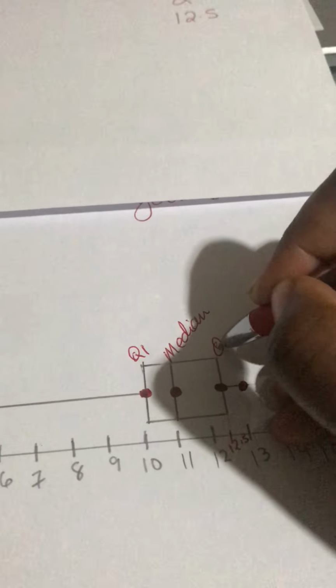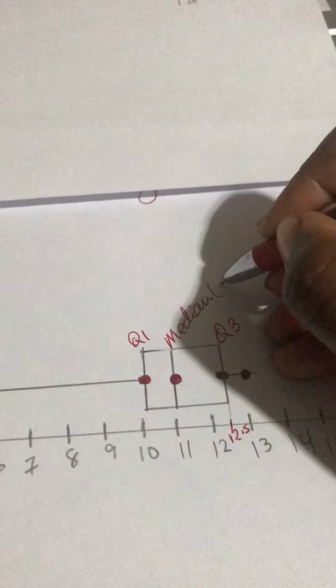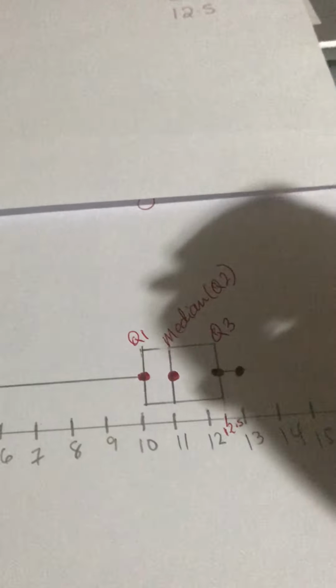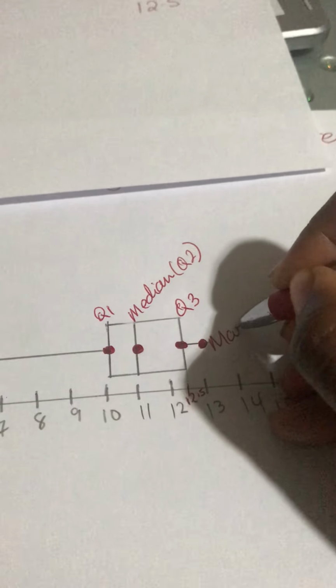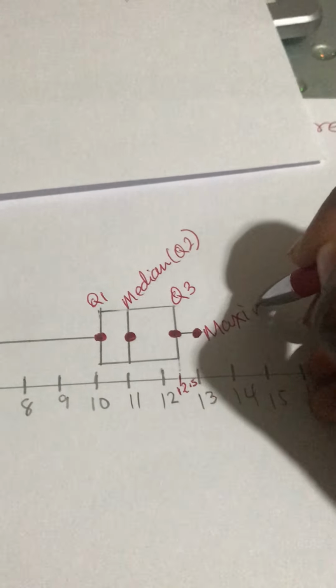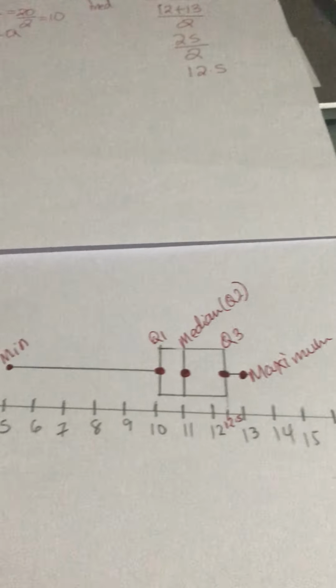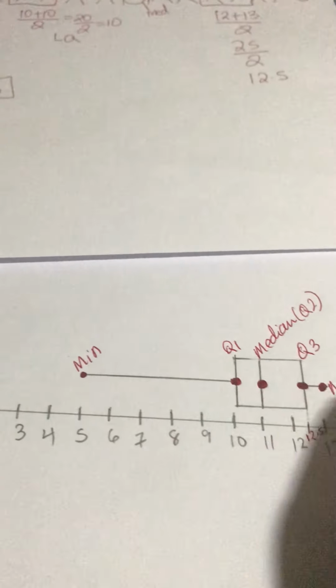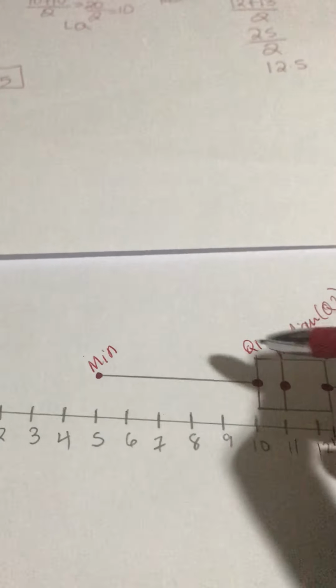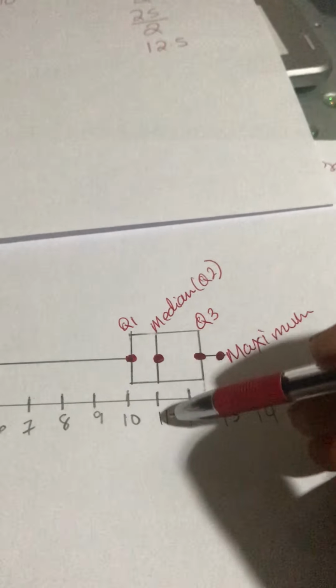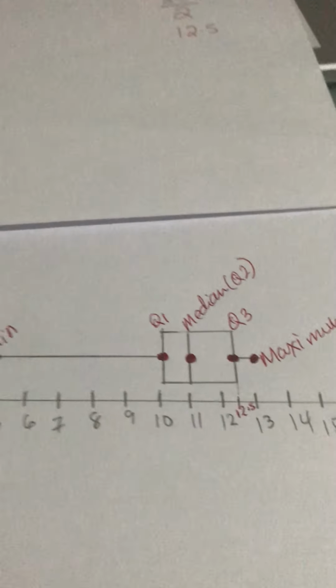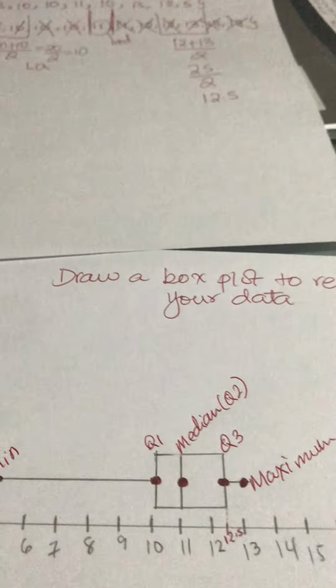You say Q3. Don't forget, write Q2 so that you don't forget. And this is your maximum. Kalas. And you're done. And there is your work. Neatly done. Correctly done. Every number is labeled neatly. Your box is also clean. Okay? So that is how you draw your box and whisker plot.